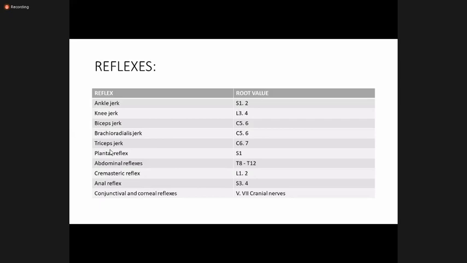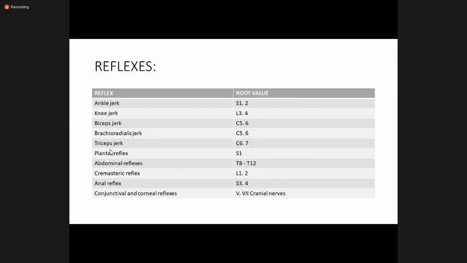So you must remember the root values of the pertinent tendon jerks. The ankle jerk is supplied by S1, S2. Knee jerk, you should check L3, L4. Biceps, C5, C6.